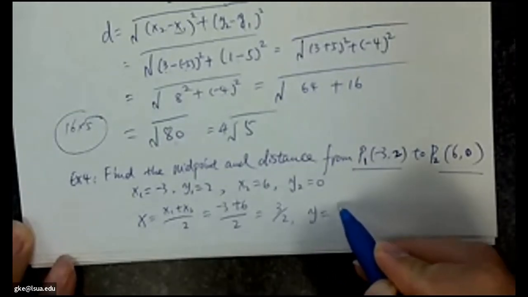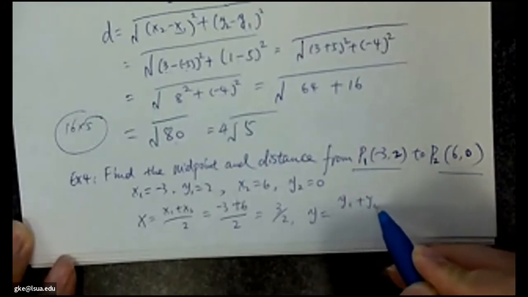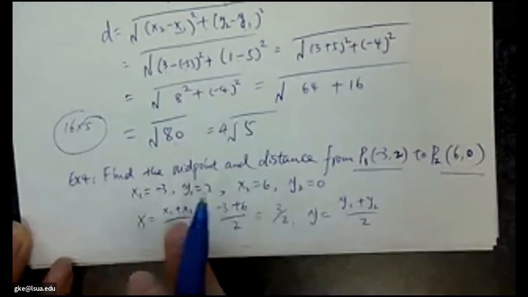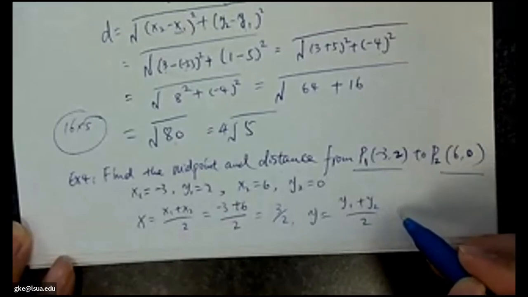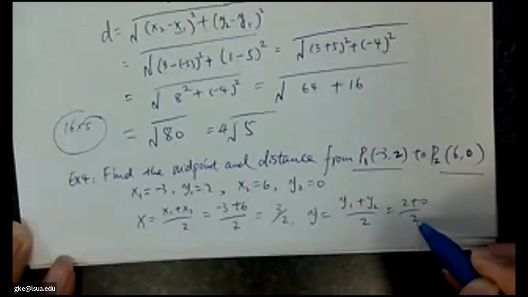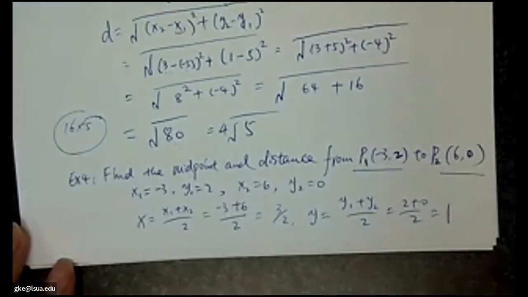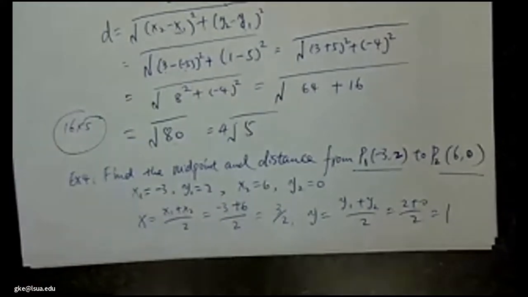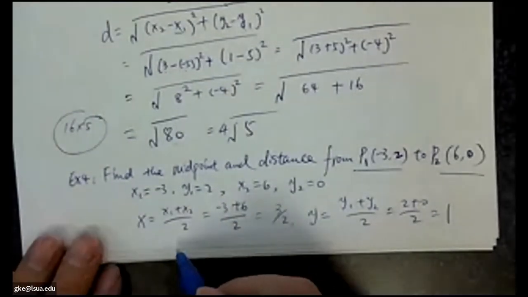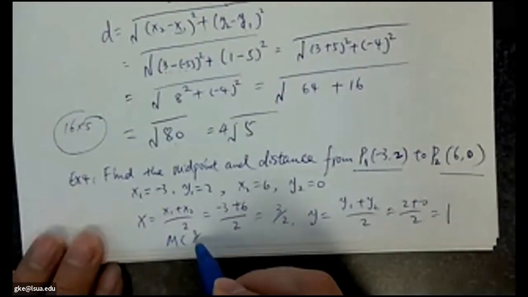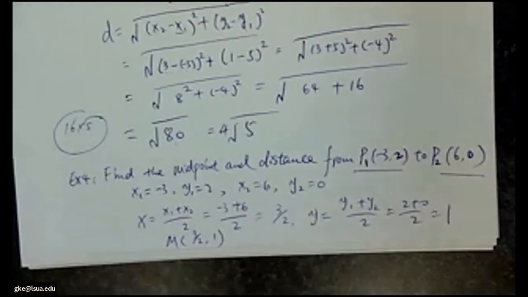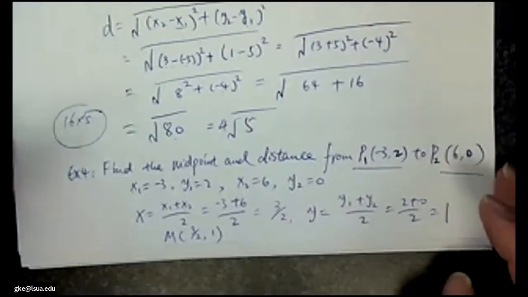And the y1 plus y2 divided by 2, the average of the y-coordinates. So 2 plus 0 divided by 2 equals 1. Very simple. So the middle point is gonna be this guy, 3/2 and 1.